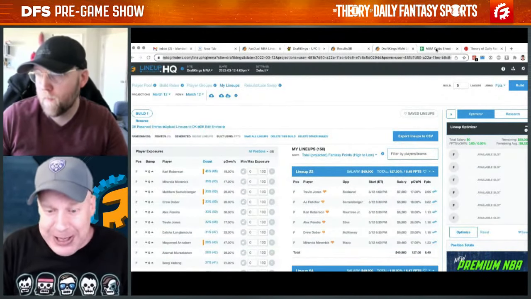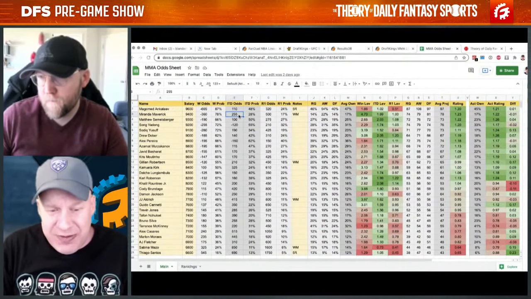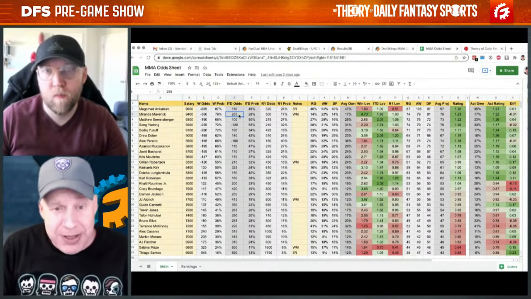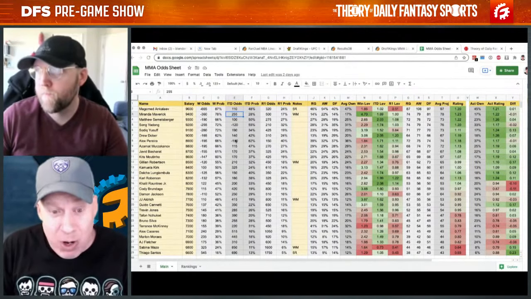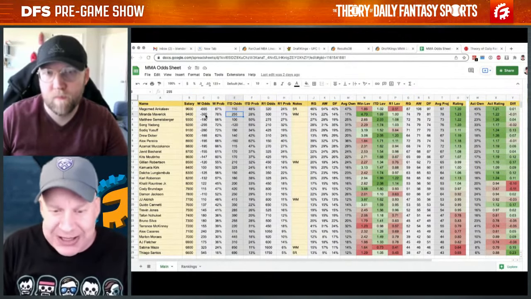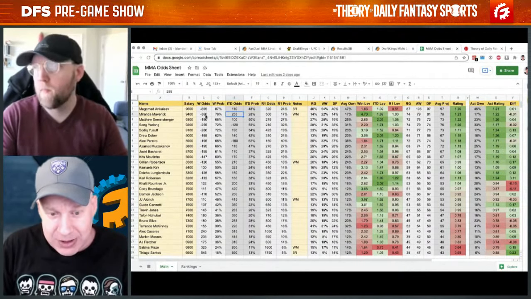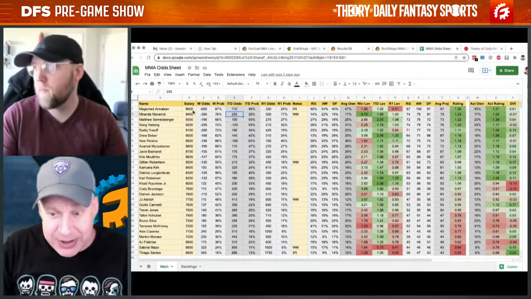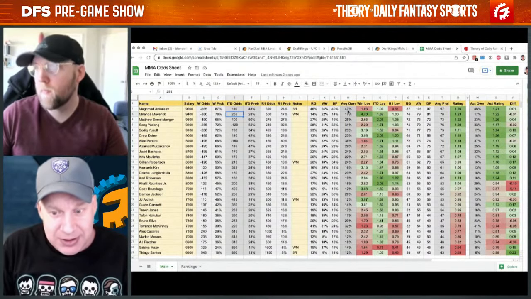But if we take a look here, Miranda Maverick was plus 255 inside the distance. She had one of the lowest inside the distance probabilities of any of the favorites on the slate. She was 9,400 because she was a huge favorite, minus 360 over Sabina Mazo. For 200 more, you get Ankalaev, the main event favorite, who I have at 47% owned.